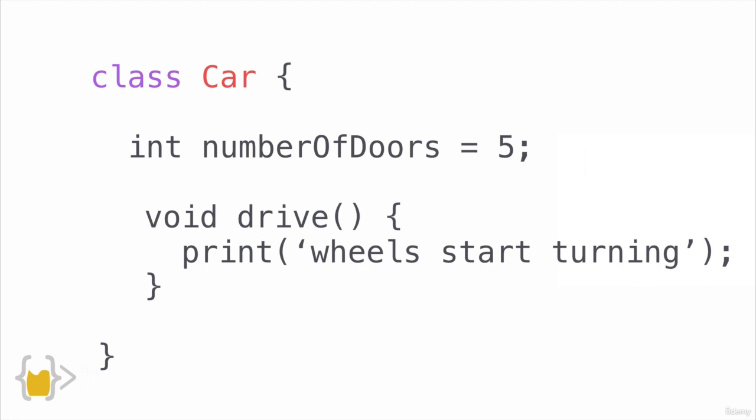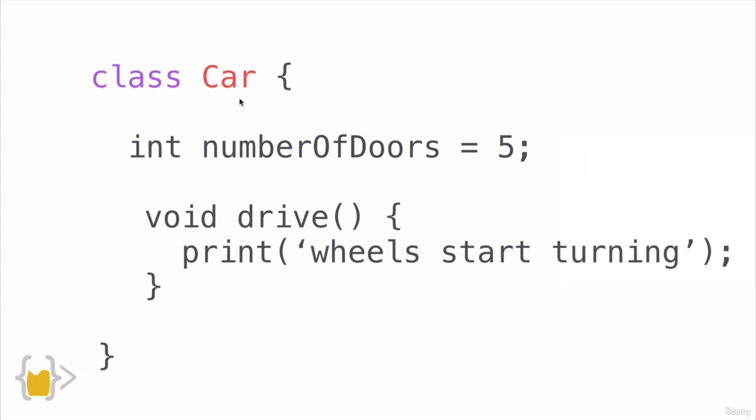And by convention in Dart, as with many other languages, when you're creating a variable, say here we've got number of doors, or when you're creating a function, say here we've got drive, those are all camel case starting with a lowercase word. But when you're creating a class to show that it's different, we always start off with a capital letter. So all the words in your class names are capitalized.